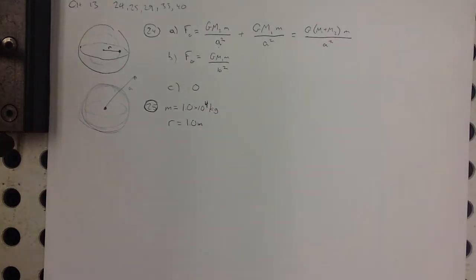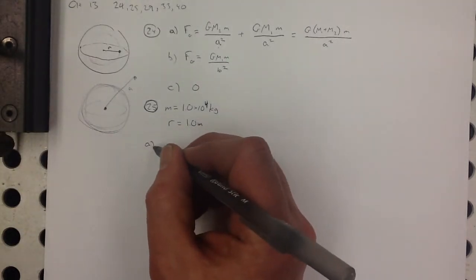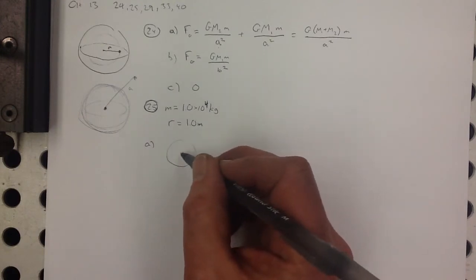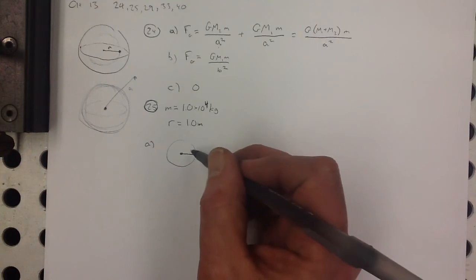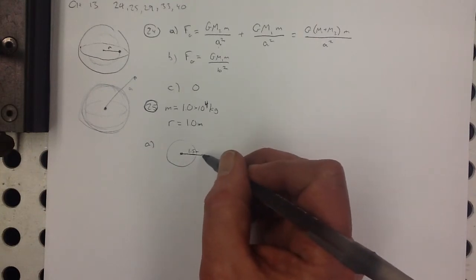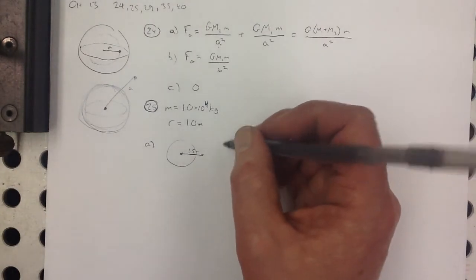We want to know what's the magnitude of the gravitational force due to the sphere on a particle of mass m located at a distance of 1.5 meters from the center of the sphere. Well, if it has a radius of 1, then for part A, I'm outside the sphere, right? Here's the radius of 1, and 1.5 would be here, so I'm at a point outside, so I feel the whole deal.